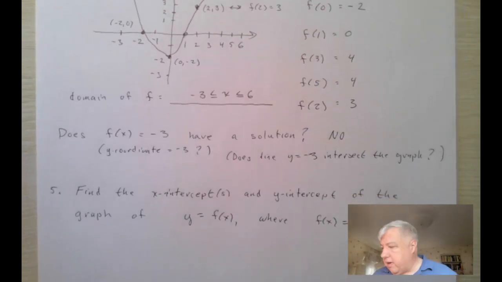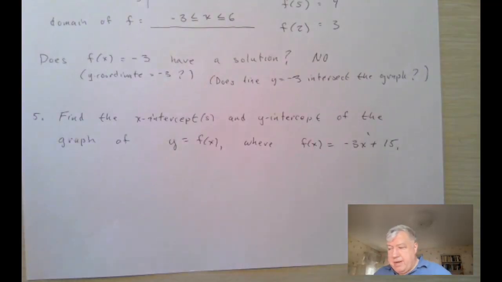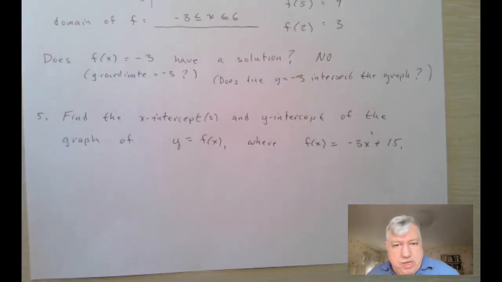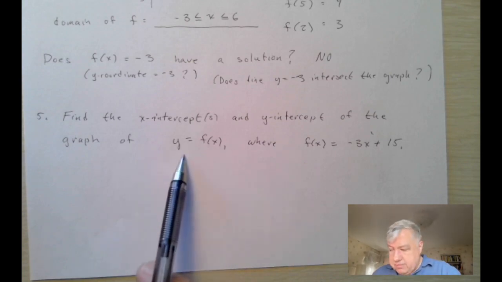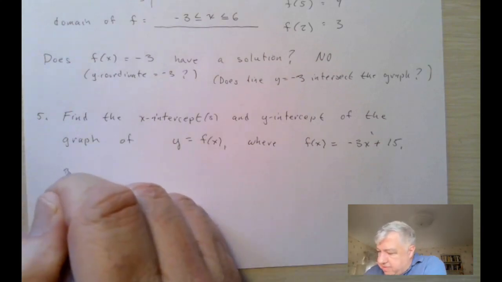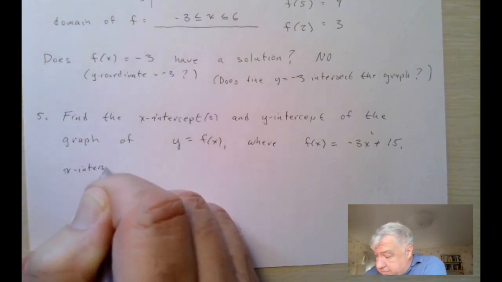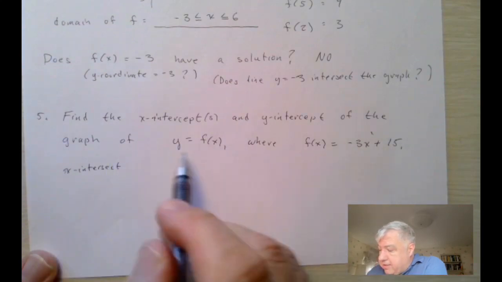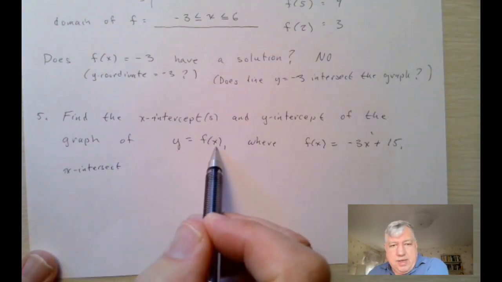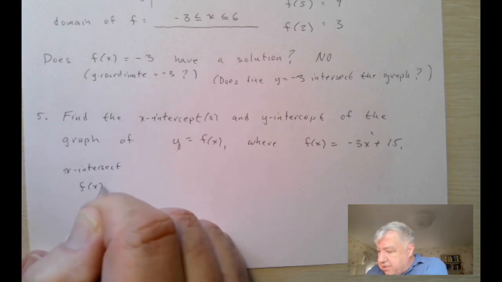All right, finally, let's talk about x and y intercepts. In general, we know how to find them. To find the x-intercepts, we plug in y equals 0 and solve for x. To find the y-intercept, we plug in x equals 0 and solve for y. Now, the only thing is, remember, f of x is the y-coordinate. So, to find the x-intercept, we set y equals 0, but y is f of x, so we set f of x equals 0.